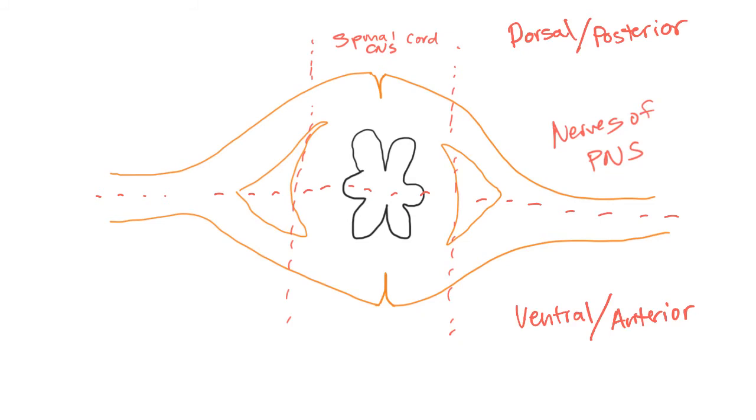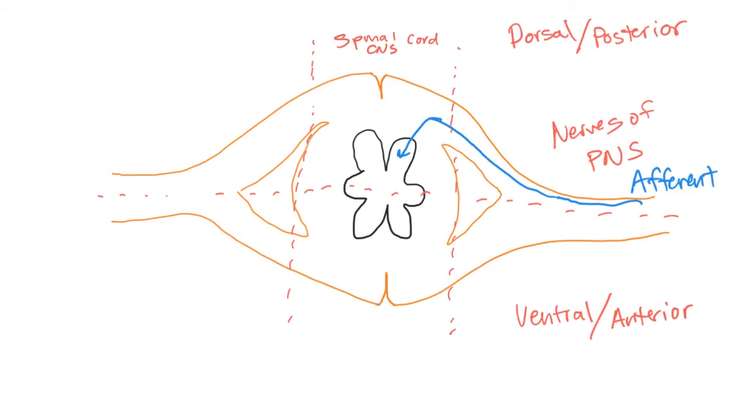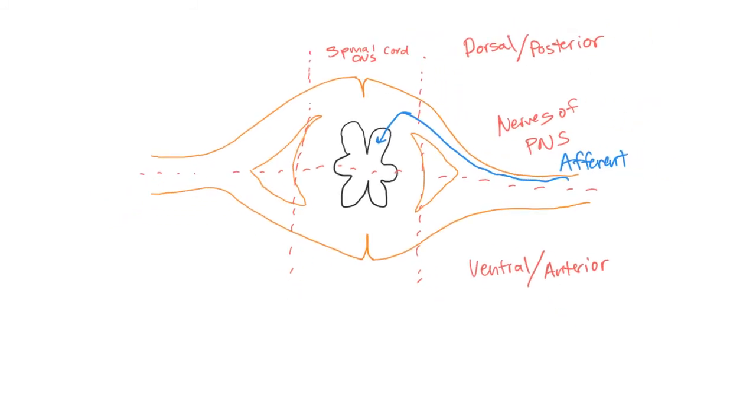So everything coming from the dorsal end into our spinal cord is afferent. Okay, what does afferent mean? Where is it going? Yeah, it's going to the brain, to the central nervous system. And that's going to be then our sensory information.